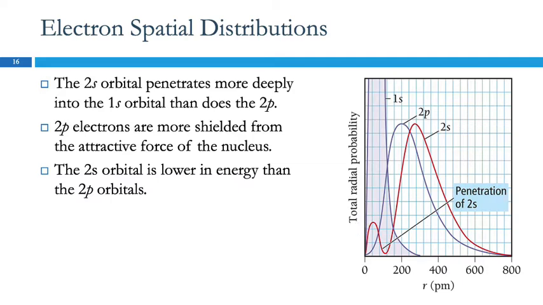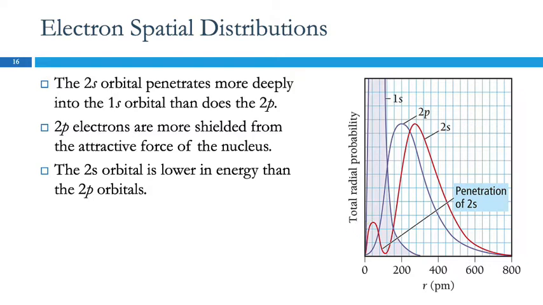Part of the 2s orbital is actually in the same space as the 1s orbital. And then the 2p orbital doesn't have a node, and it's going to be like this, and it's also penetrating into the 1s space. But the 2s orbital here gets a lot closer, right? So here they're the same, but here the 2s is closer to the nucleus.